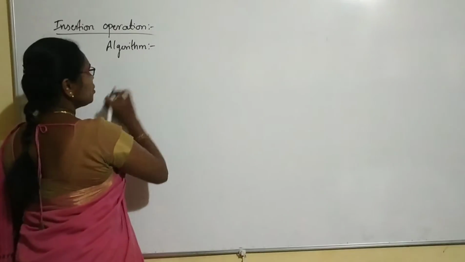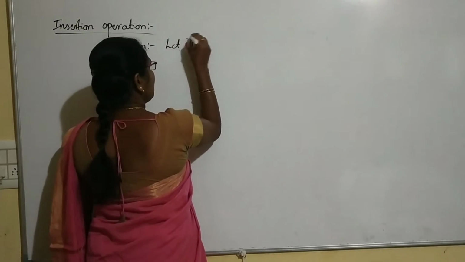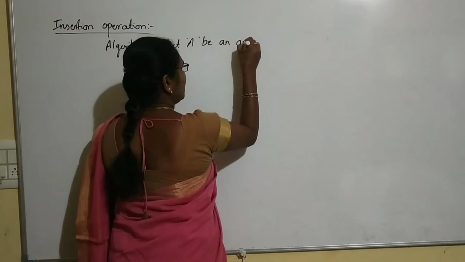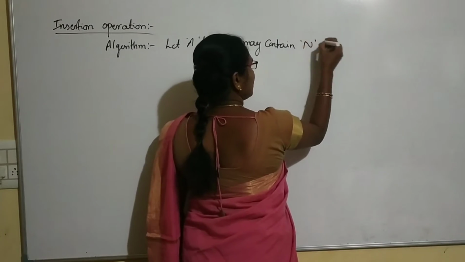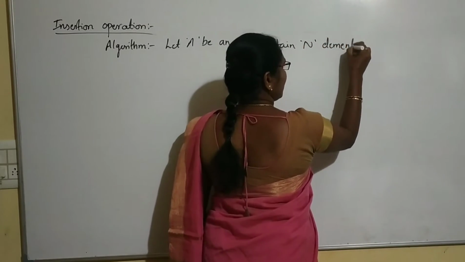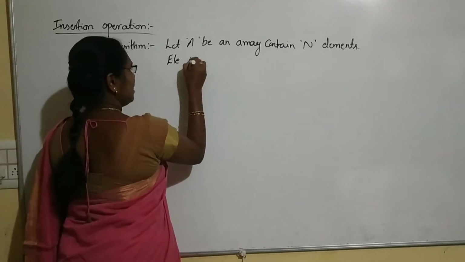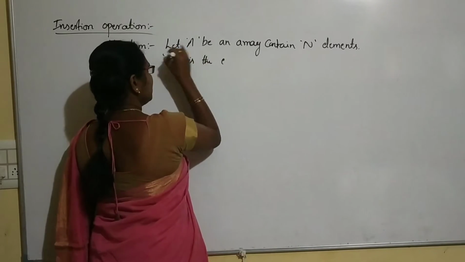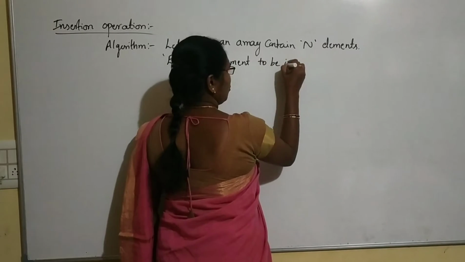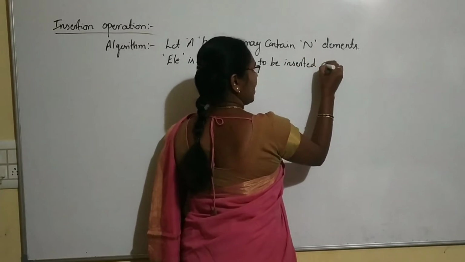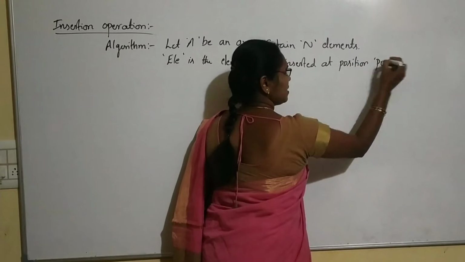So I will write the definition of the algorithm for the insertion operation: let A be an array containing n elements, ELA is the element to be inserted at position POS.